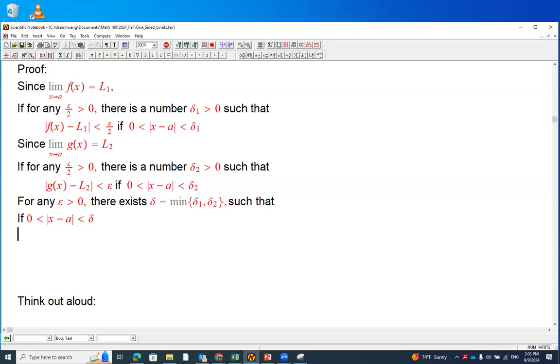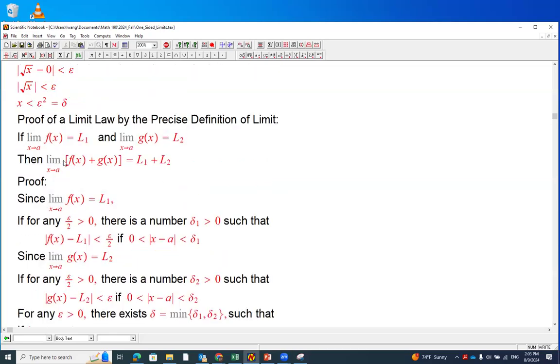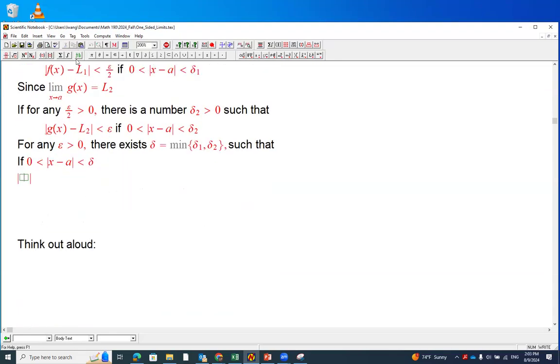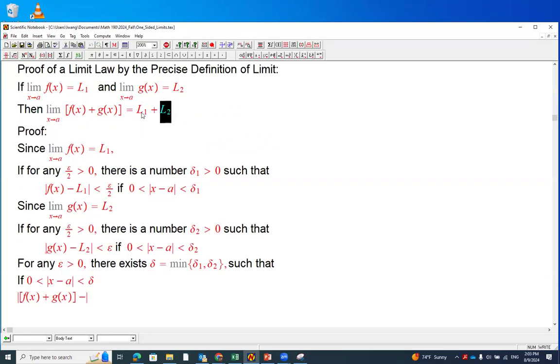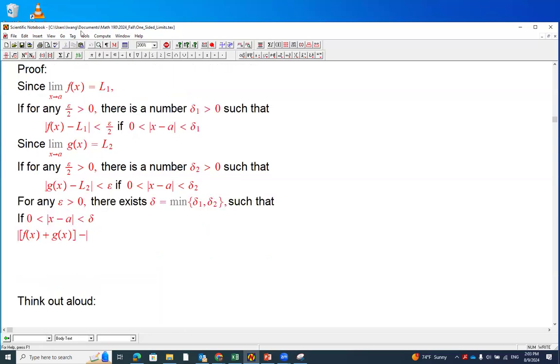Then the absolute value of f plus g, I'm going to take these two functions, subtracting their presumed limit. I can drop the bracket.